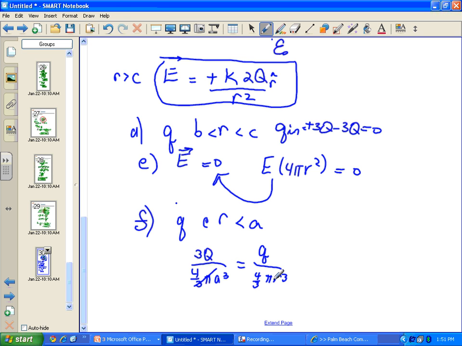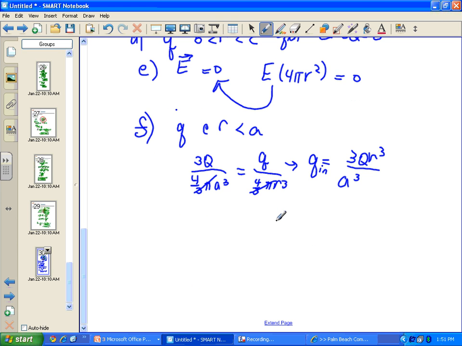Again, 4/3 pi cancels, and so the charge inside Qn is equal to 3q r cubed over a cubed.